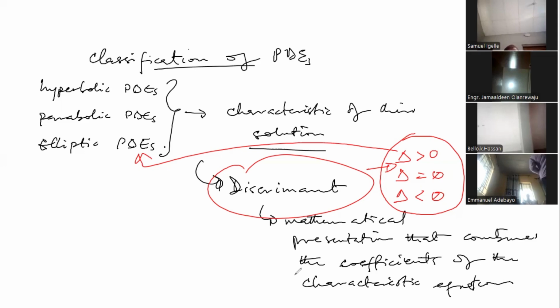So the discriminant does not only tell us whether this equation is hyperbolic or parabolic, it's also able to tell us the direction of that equation or the number of roots we have, whether we have real roots, conjugate roots, or no roots at all. Does that address your question?